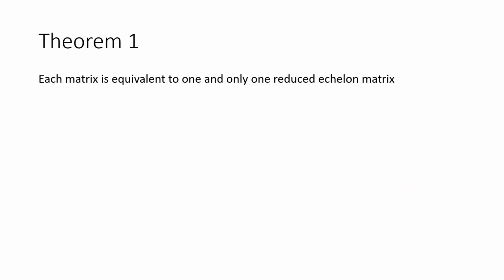So theorem 1: each matrix is equivalent to one and only one reduced echelon matrix. That's the summary of what we just went over, that no matter what path you take, echelon form can look different. Reduced echelon form will always be the exact same.